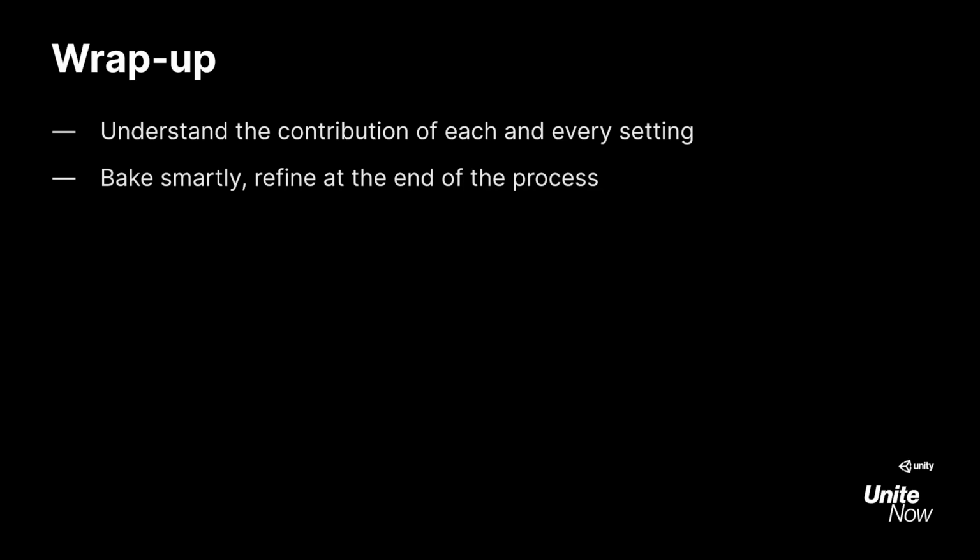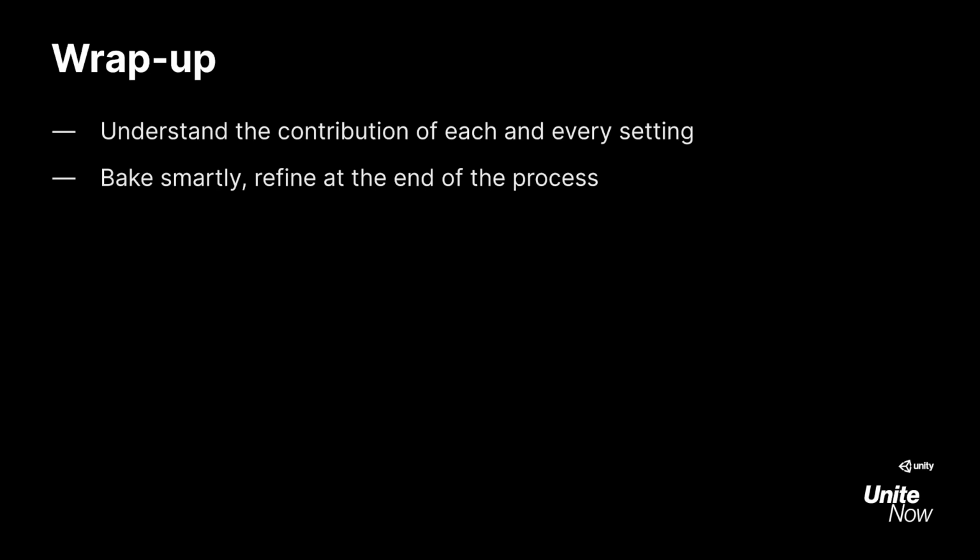I would suggest to bake smartly and refine at the end of the process. What I mean is, when I showed you before the settings that contribute to the quality of the game and the settings that contribute to the performance of the game, there are some of them that you can keep low when you bake and when you make experiments, and you don't really need to have them at the maximum quality all the time.